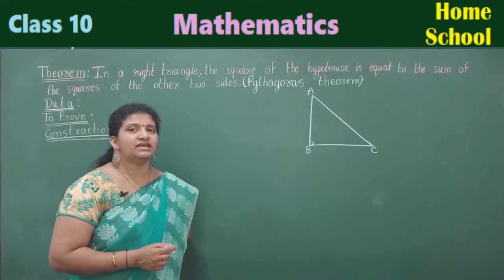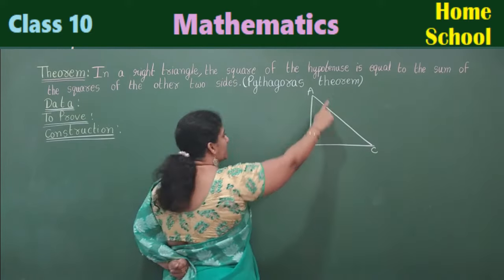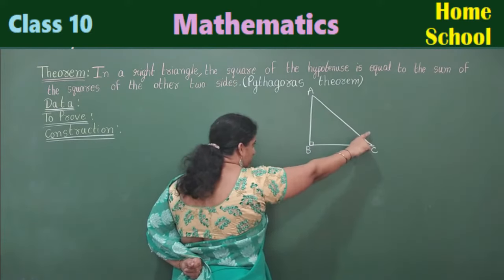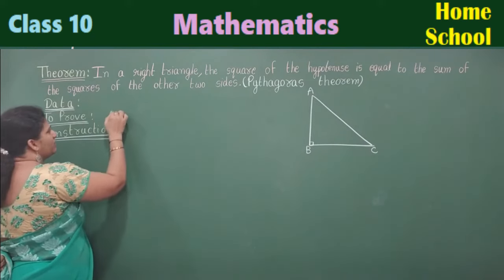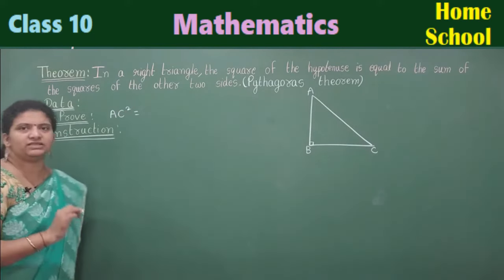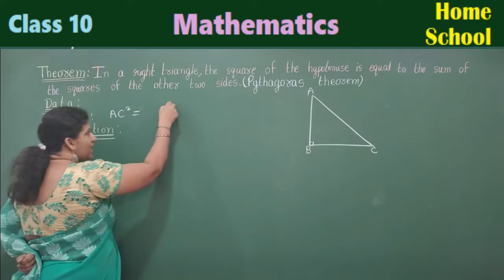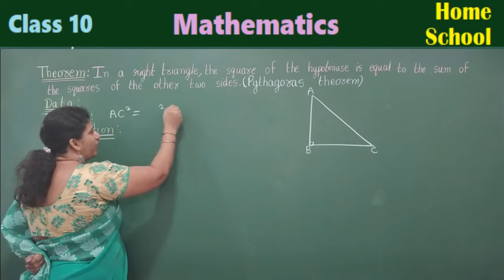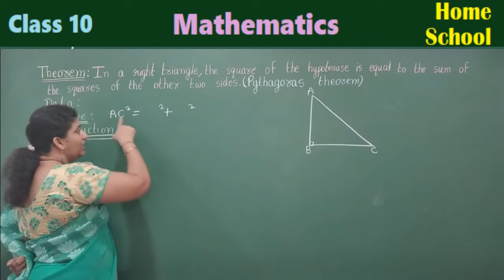What does it say? It says that in a right triangle, the square of the hypotenuse. So look here into proof, I'll write that. Square of the hypotenuse means AC square is equal to the sum of the squares of the, understand the statement?